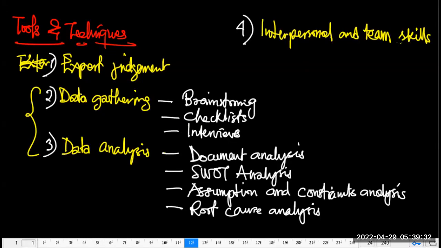That skill to be able to facilitate effectively the gathering of data, using the right approach to identify risk.